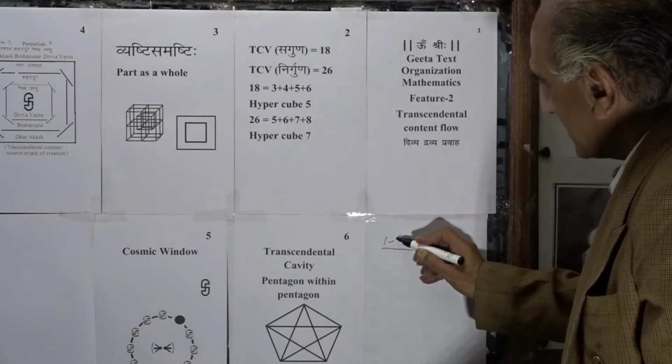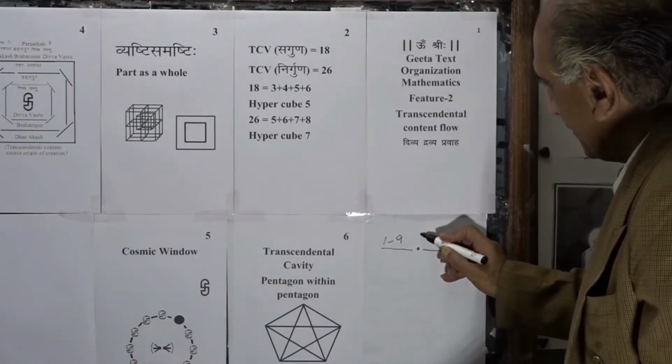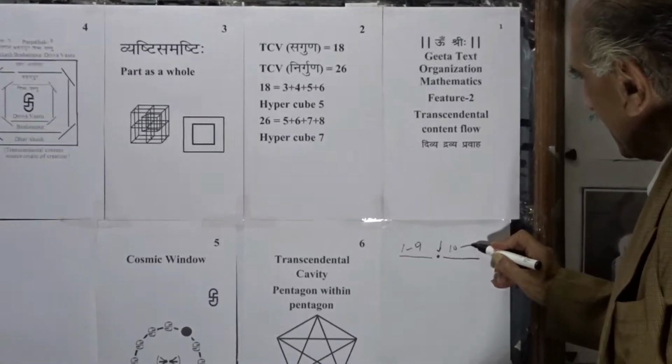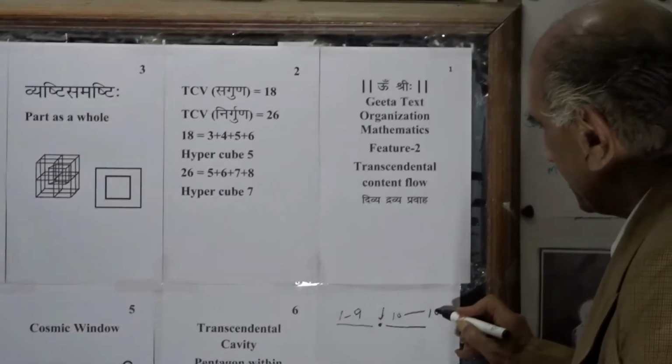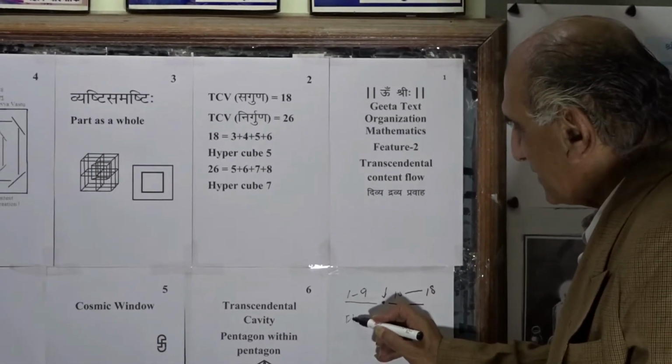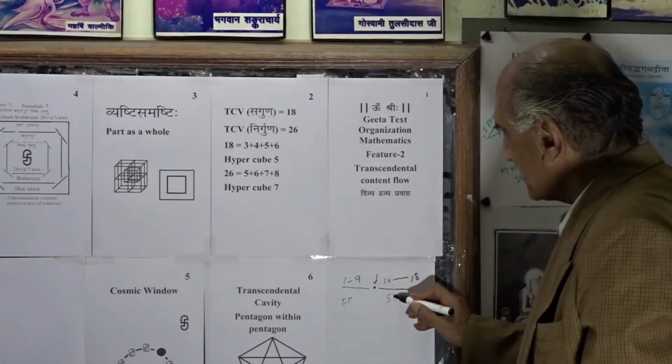This placement takes us at the end of the 9th chapter and at the beginning of the 10th chapter. The 18 chapters range is divided as first part and the second part.